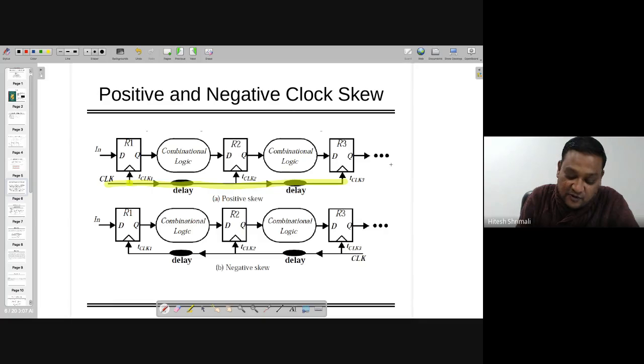Or you can say that it's a positive clock skew. Whereas if the clock is starting from the other side, T clock 1 is actually a delayed version of T clock 3, the reverse of what is happening for the first diagram. So in that case, the first one is the positive skew and the second is the negative skew.